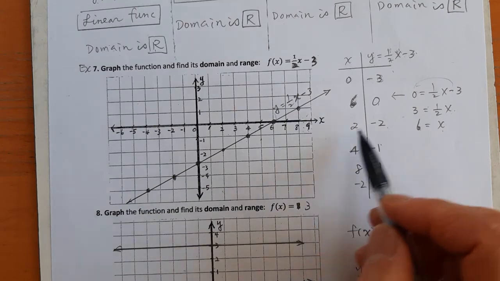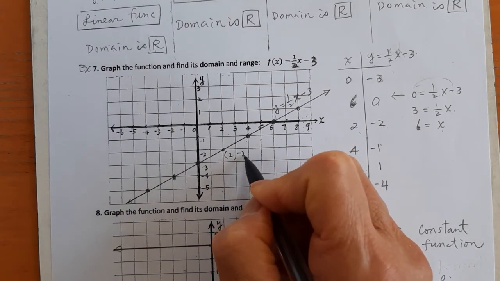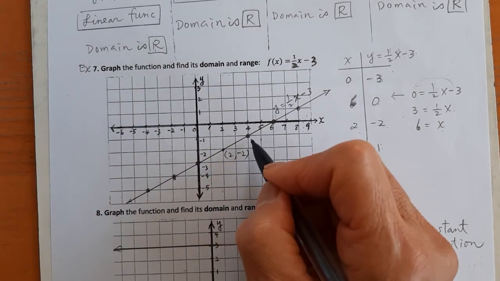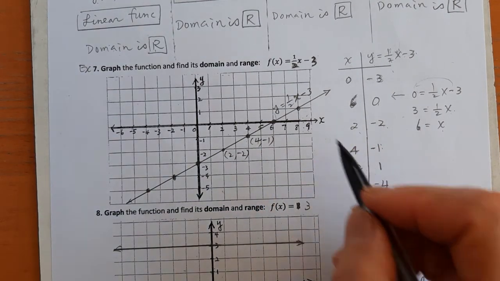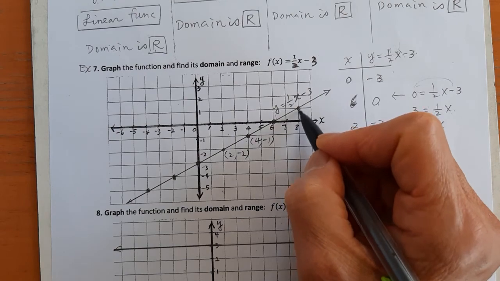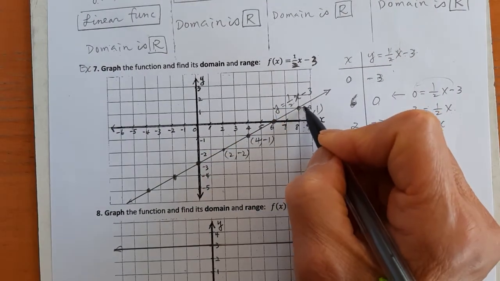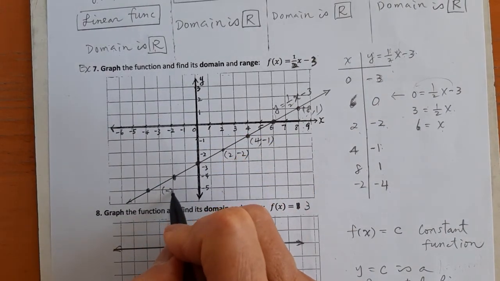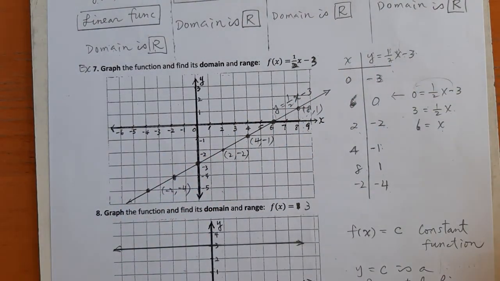Plot those points: (2, -2), (4, -1), (8, 1), and (-2, -4). They are on the same line.